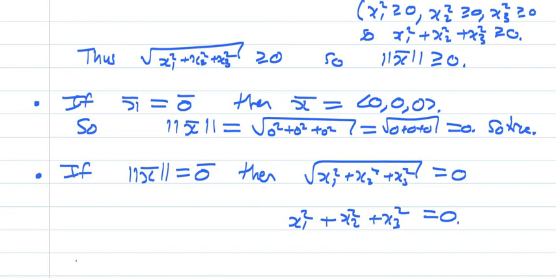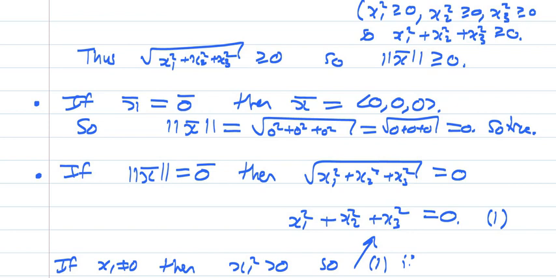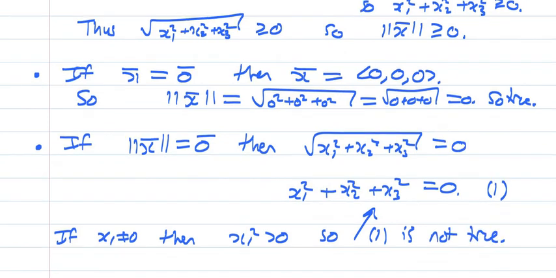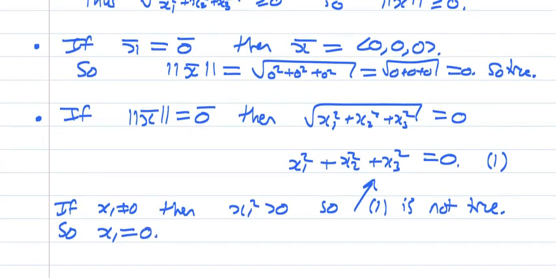We can see that if x1 is not 0, then x1 squared will be positive. And so let's call this a 1. So 1 is not true. So x1 must be 0. All right.